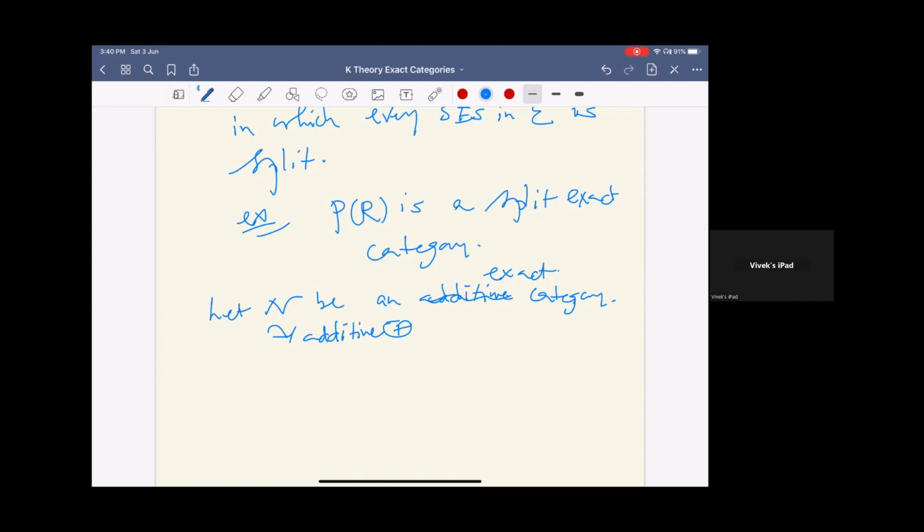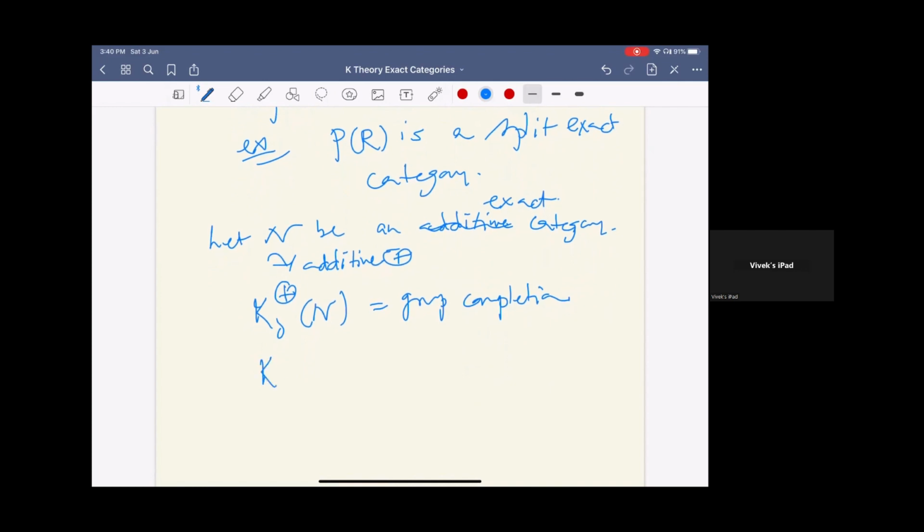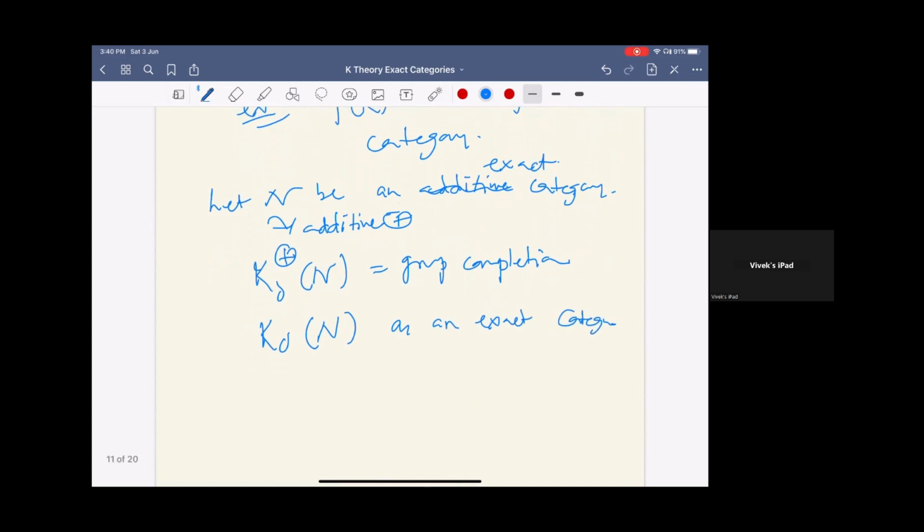You can think of any additive category as a symmetric monoidal category. So you can consider K0 by group completion, and also K0 of N as an exact category. These two things have to be the same.